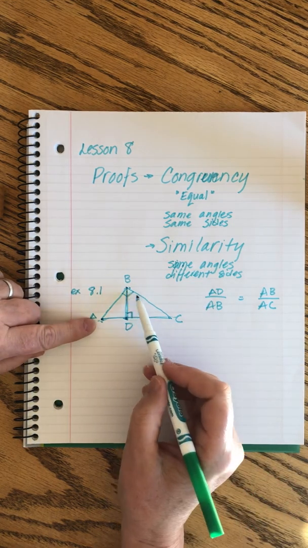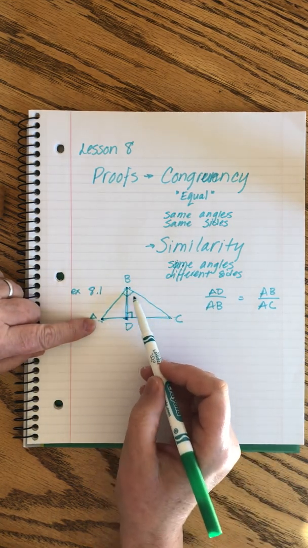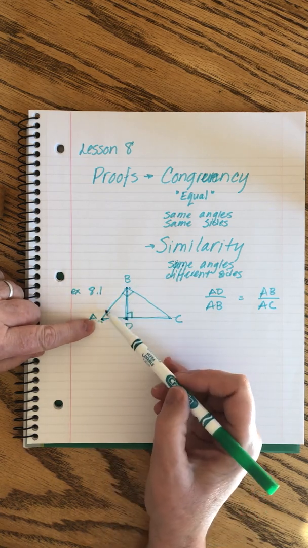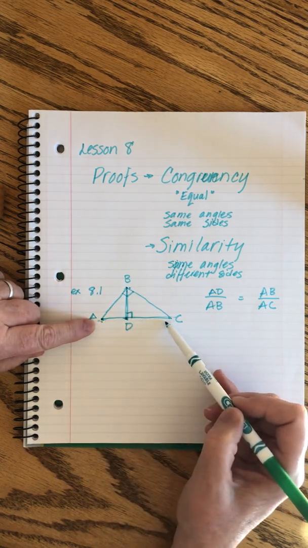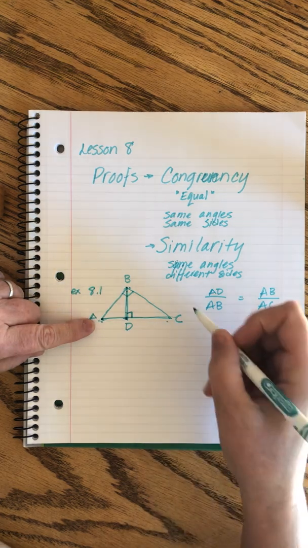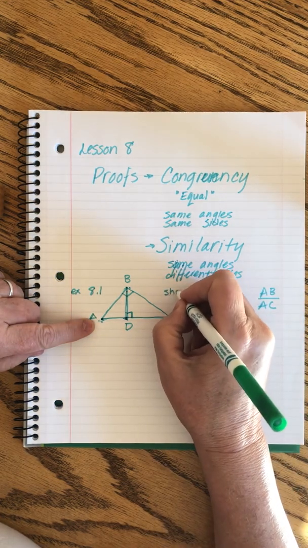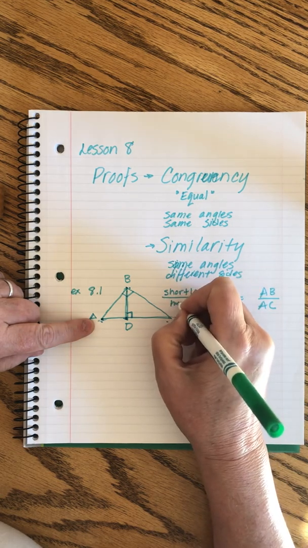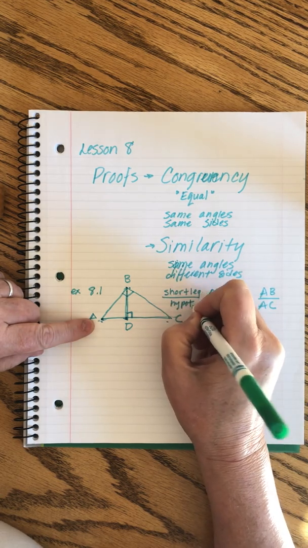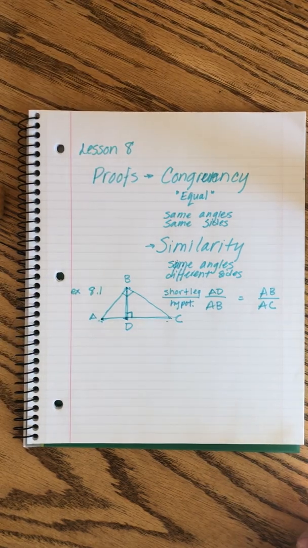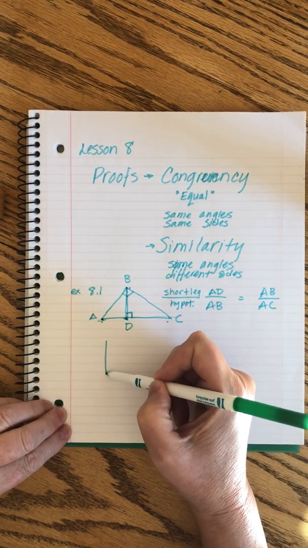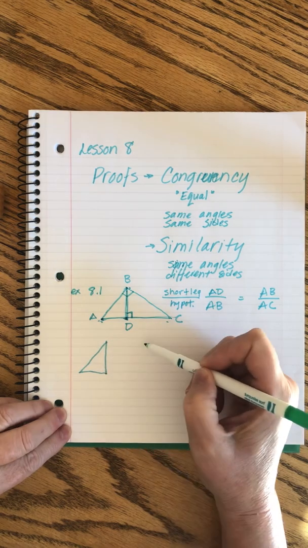Now we have to switch and look at this as the big triangle. That's the short leg to the hypotenuse of the big triangle. So this looks like short leg over hypotenuse. And we're just going to quickly sketch out these three triangles to see if that looks like what we're doing.